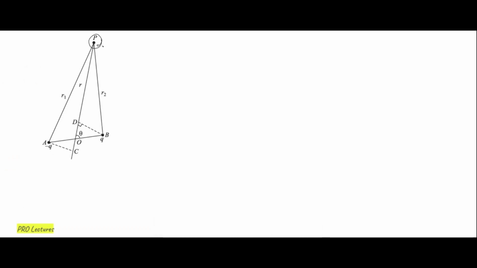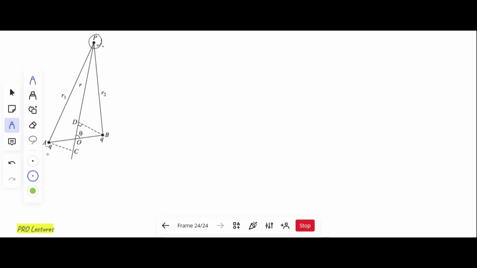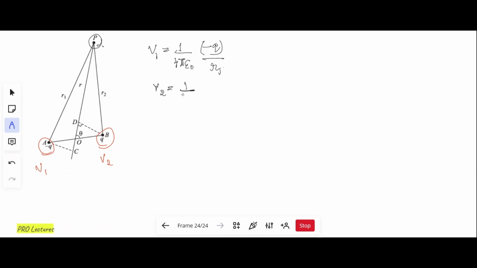Now the potential at point P due to the charge minus q at point A is given by V1, and similarly the potential at point P due to charge plus q at B is given by V2. So V1 is equal to 1 by 4 pi epsilon naught minus q by r1, and V2 is 1 by 4 pi epsilon naught q by r2.